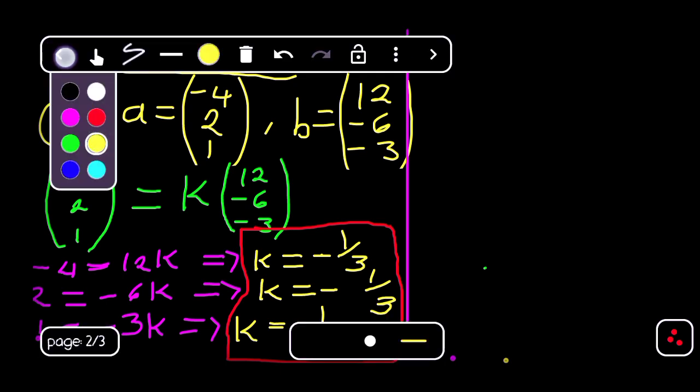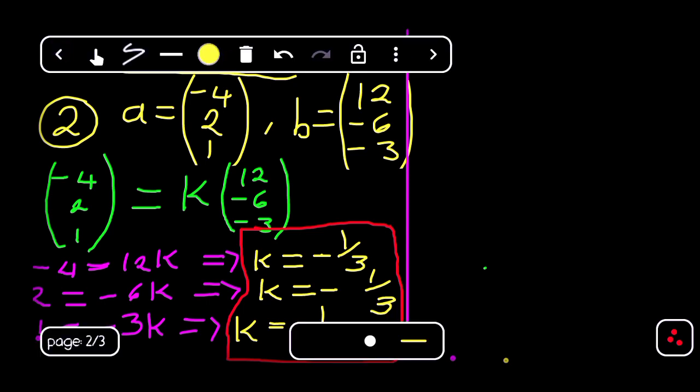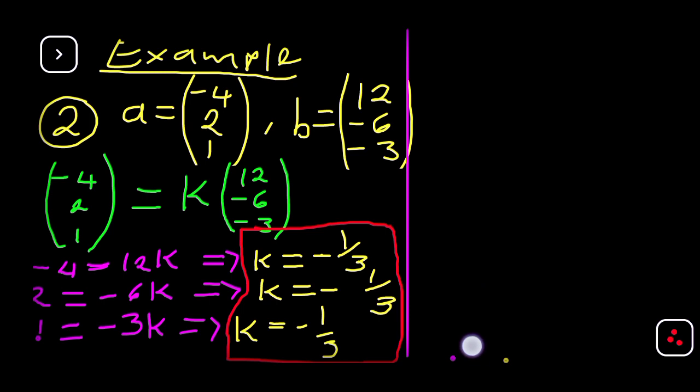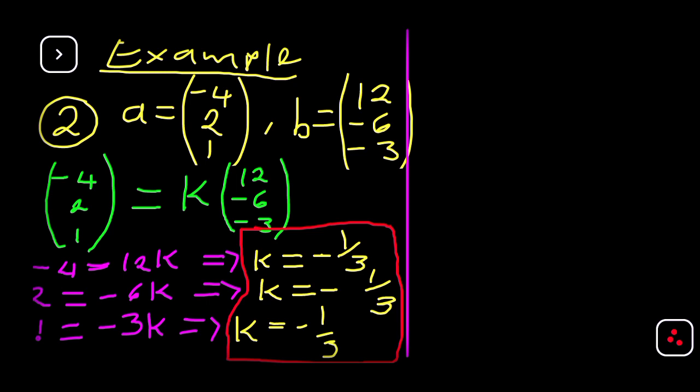Now, this takes us to the next step, proving whether these two vectors are parallel or not. Therefore, we are going to write our two vectors a and b with the scalar k.